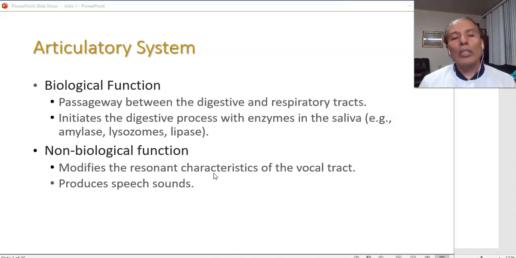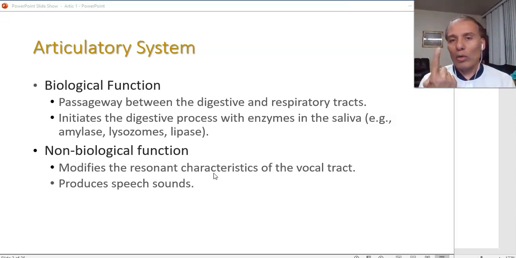So we call this resonance itself modifies the original tone that is produced by the vocal folds, and that is one of the functions for speech and voice.